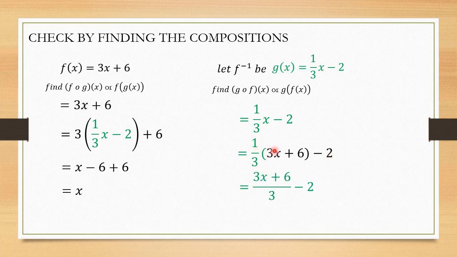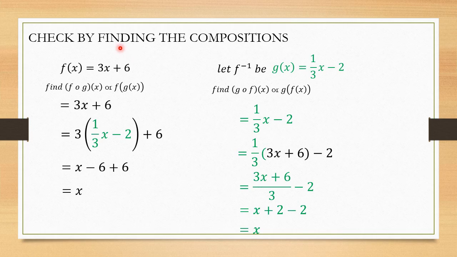So, 1 times 3x plus 6 divided by 3 minus 2. 3x divided by 3, that is x. And then 6 divided by 3, that is 2. Then minus 2. So, 2 minus 2, that is 0. So, what we have left is x. So, since parehas x ang kinalabasan ng composition ng bawat isa, then we can say now na tama ang nakuha nating inverse kanina.